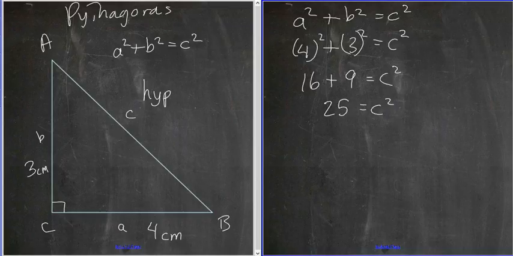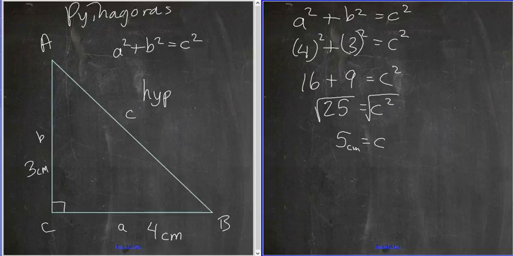Now we want just c by itself, so we're going to find the square root of both of these, and we're left with c equals 5 centimeters. This is our basic use of the formula. Given two pieces of information, a and b, we can calculate the length of the third side, c.